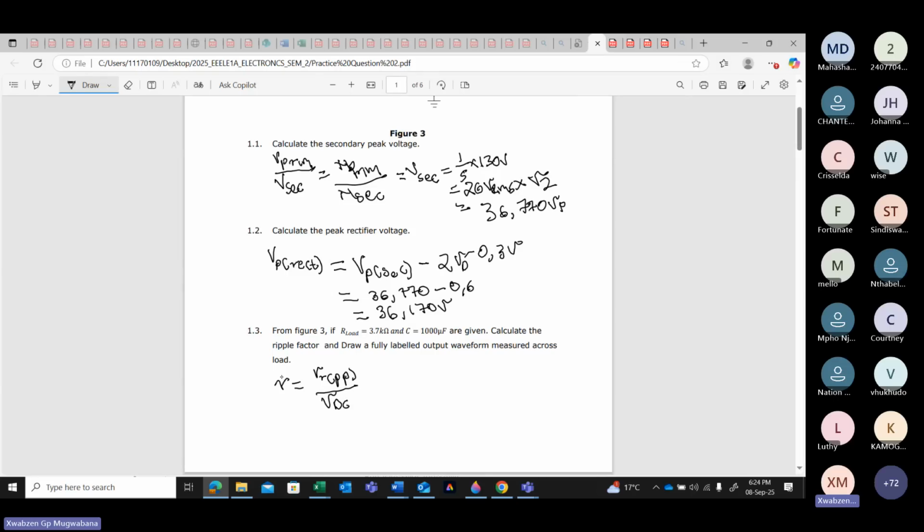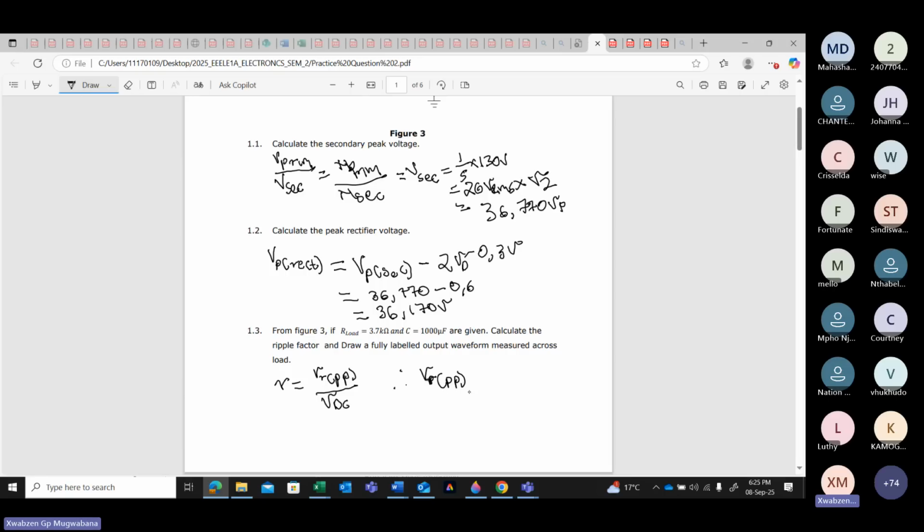You still remember the equation for the ripple factor. Therefore, I need to find my V ripple peak to peak and also my VDC. First, let me start with my V ripple peak to peak.